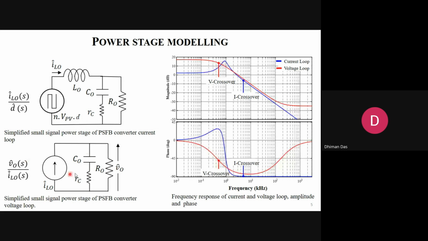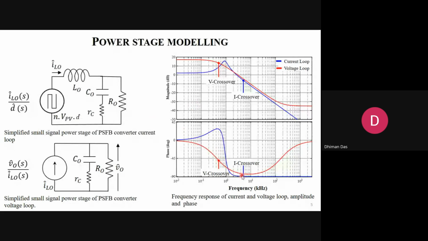So this is the control to output function for the voltage loop. This is the control to output function for the current loop, because when you increase the duty or increase the phase angle, the current injection will go up. So now this is the phase and magnitude plot of both loops. If you do the transfer function, you can see this kind of Bode diagram.